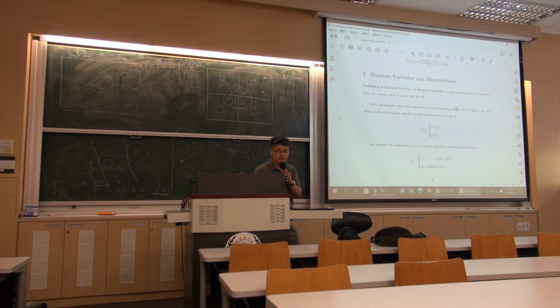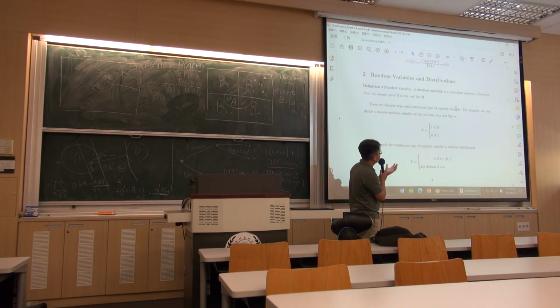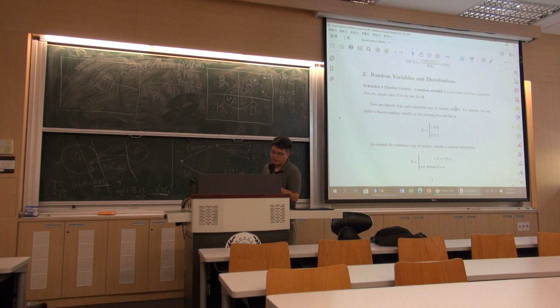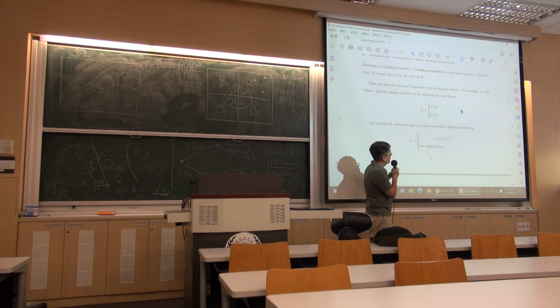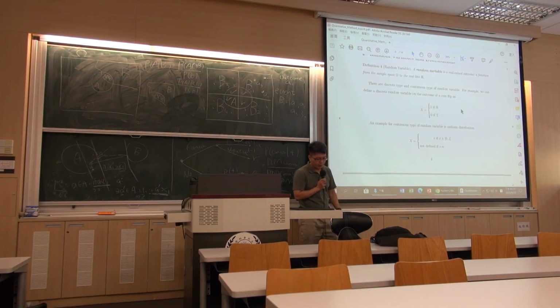Random variables and distributions. The definition of a random variable is a real-valued outcome, a function from the sample space to the real line R. For example, if you consider a coin flip, the outcome could be head or tail.